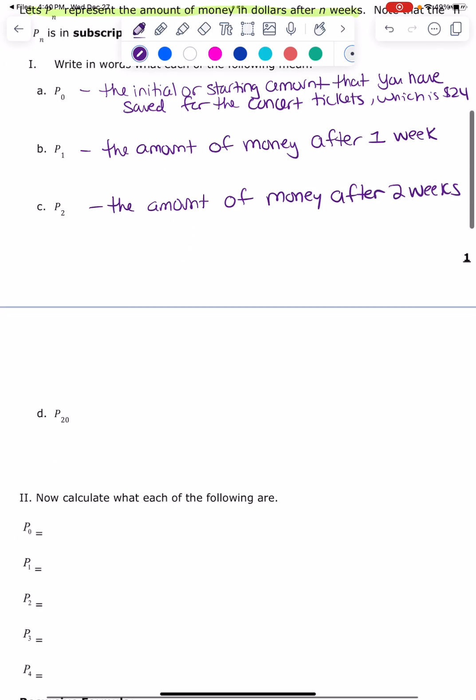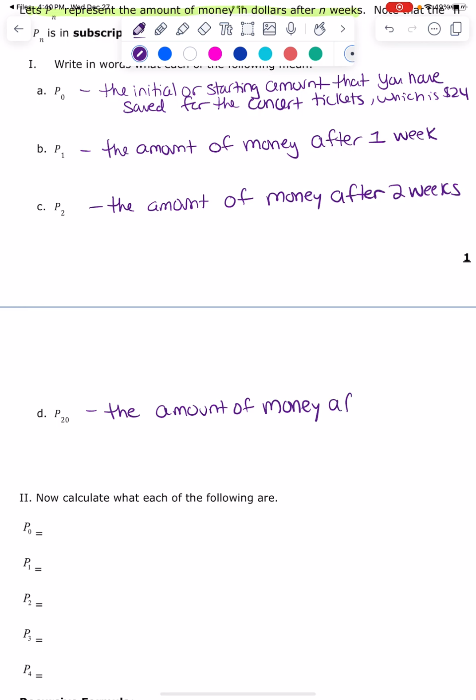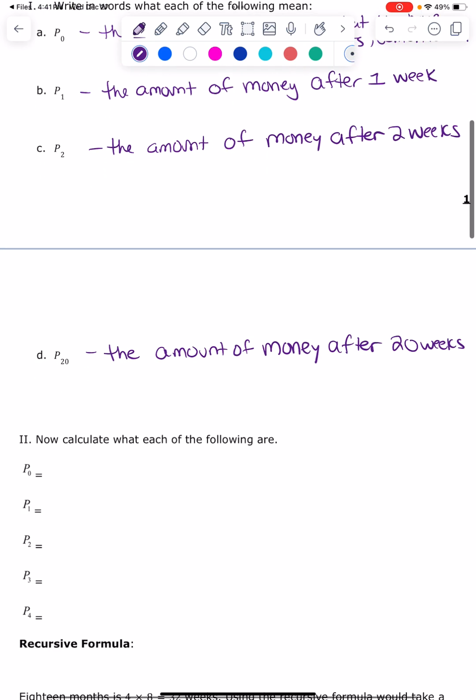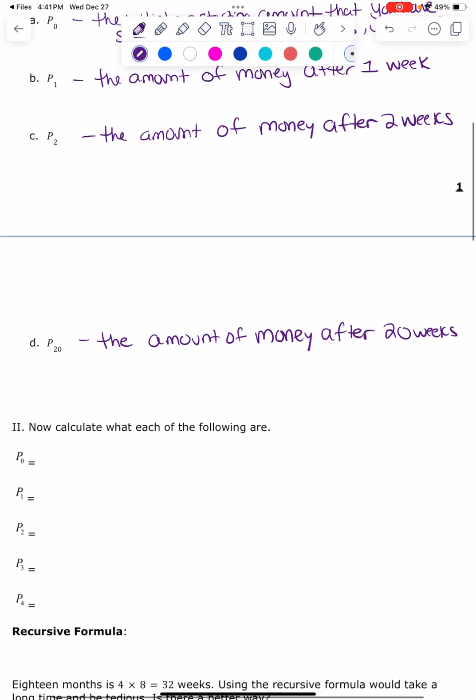And then P sub 20 is the amount of money after 20 weeks. So hopefully this subscript stuff is starting to make sense. If we didn't use it, then we'd have to write this sentence out every time we wanted to talk about it. So using the symbols and the subscripts gives us a way to refer and talk about things in a very shorthand manner.